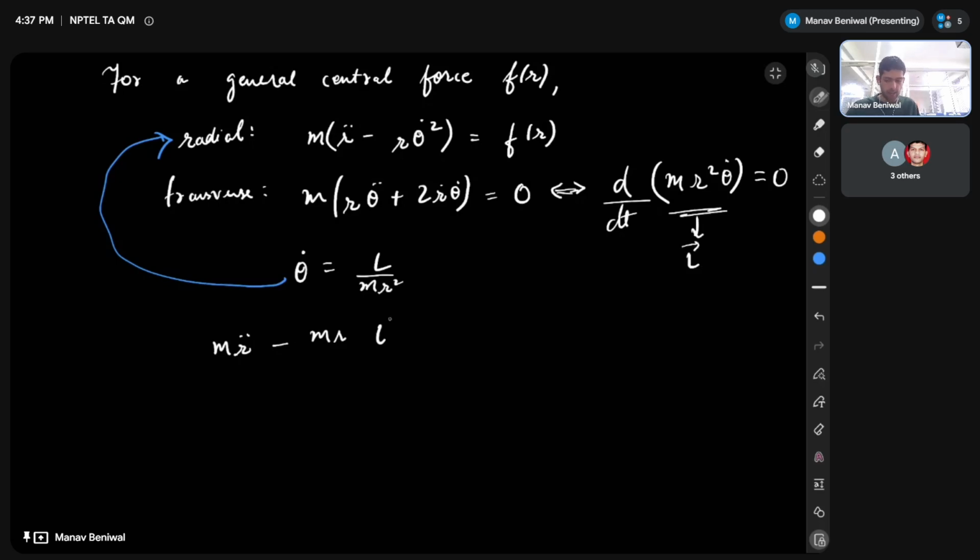Then I can write this as m r double dot equals F of r plus L squared over m r cubed. So this is just a one variable problem now. We only have one variable, which is r.